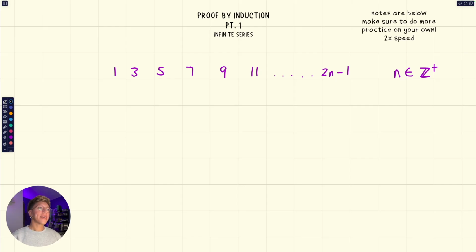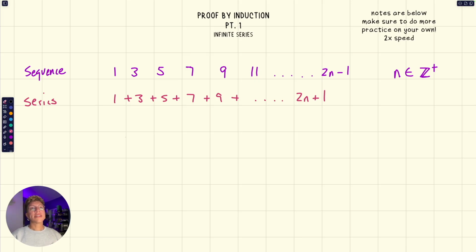If you remember, well, first we should label this. This is a sequence. And if we add the terms of a sequence together, we call that a series. So we could say 1 plus 3 plus 5, and so on, again up to our last term, which is going to be 2n minus 1.